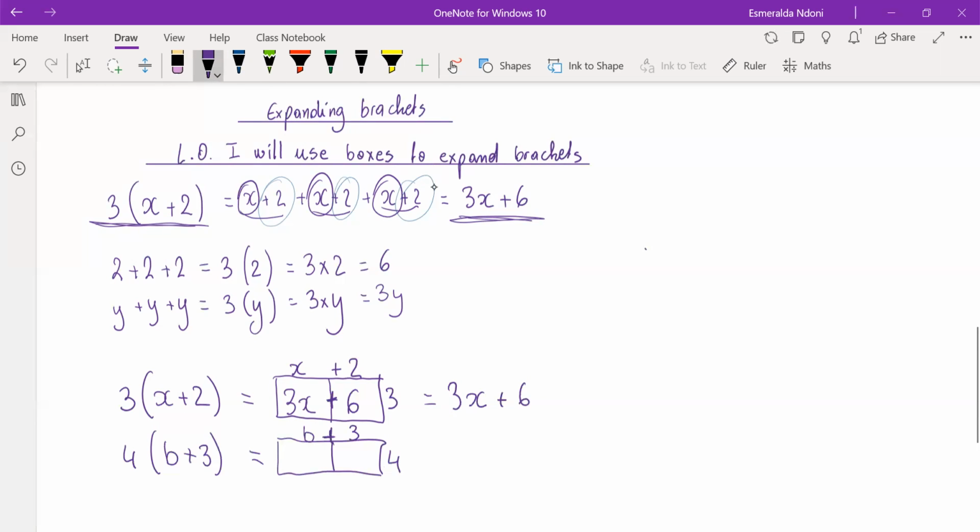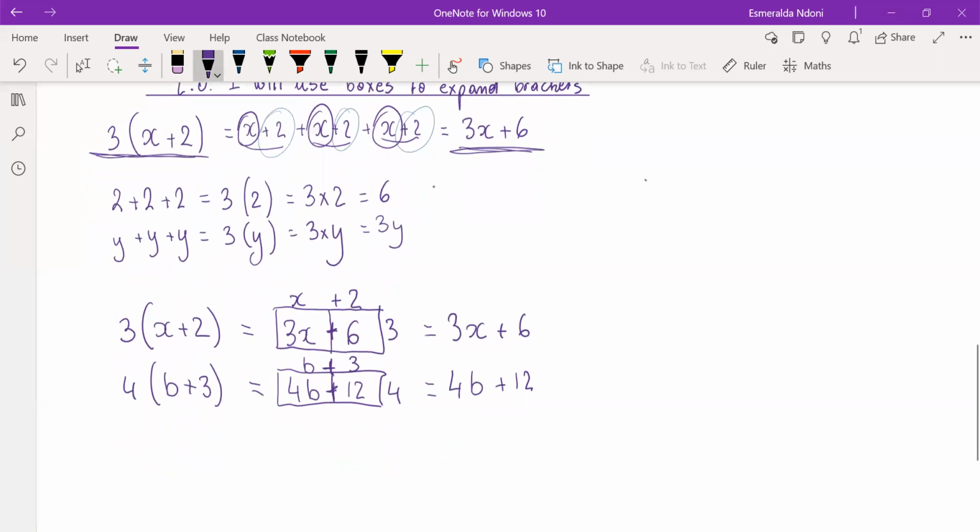So you ask yourself, b times 4 or 4 times b? 4b. 4 times positive 3 is a positive 12. So the answer is 4b plus 12. I'm going to do one more example with a negative. 5 bracket a take away 2.